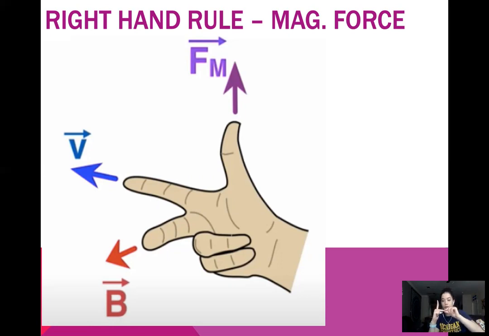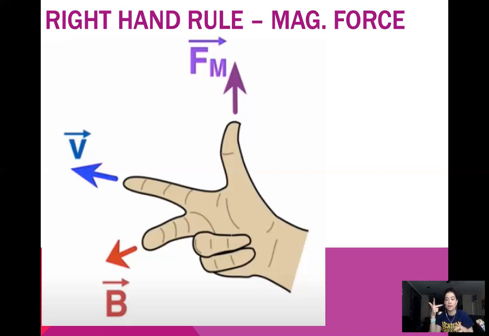Your middle finger pointing straight out, making like this weird L, represents the magnetic field that a charge is in. And then the direction that your thumb points, pointing straight up, is the magnetic force experienced by the charge.